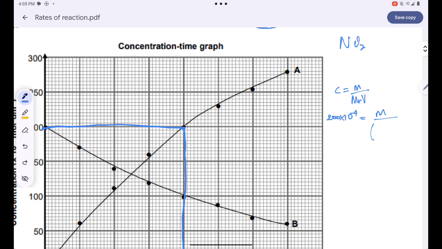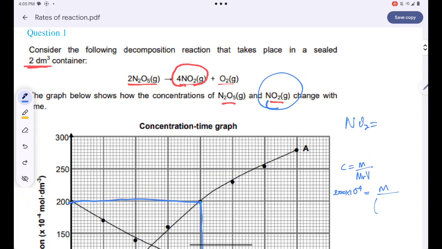For nitrogen dioxide, nitrogen, I believe, has a molar mass of 14. Please go to the back of your question paper, guys. There's a periodic table over there. You'll find nitrogen, and the number written just below is called the relative atomic mass number, and it's 14. Are you together?